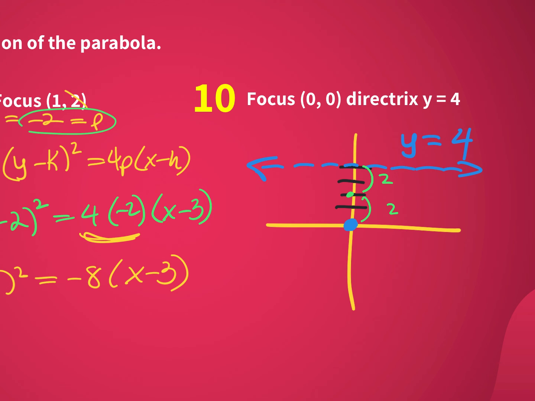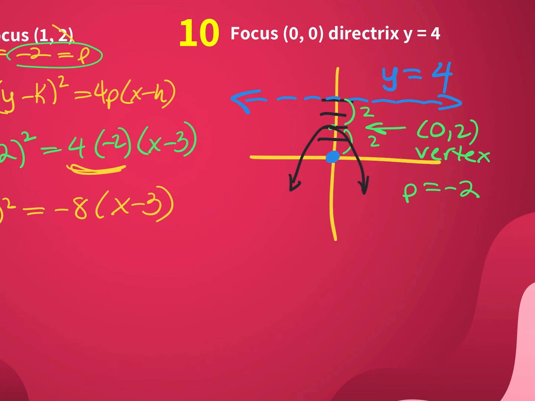It's right smack in the middle between the focus and the directrix. So my vertex is actually located at this ordered pair, 0, 2. And because my graph is opening downward, we know the p-value here is the distance, and it's going to be -2.